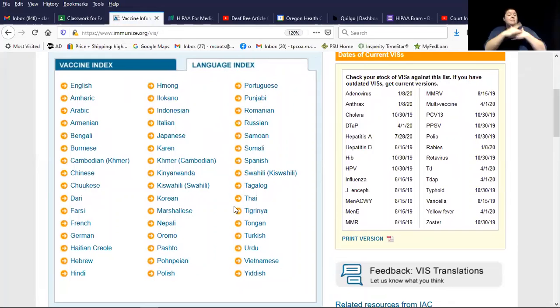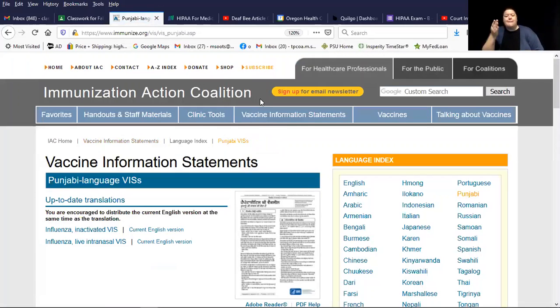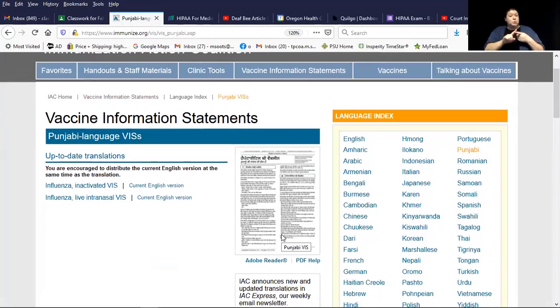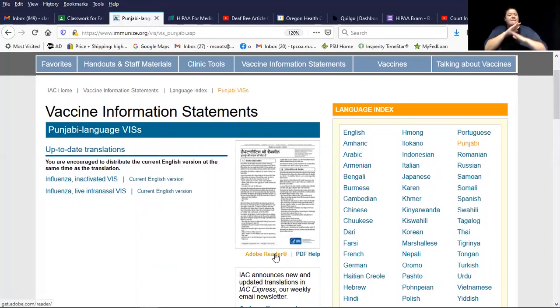Now, the reason that this is good, say that you're a Punjabi interpreter, is that this will give you the terminology related to this particular vaccine. Okay, so you can click on it and you'll get a PDF of that particular information sheet. And then you can know what terminology will be used regarding that vaccine.